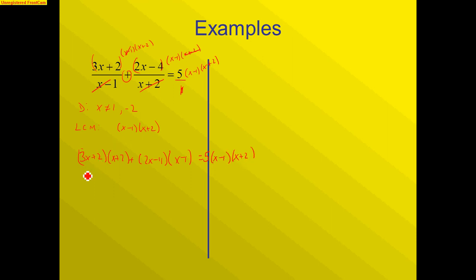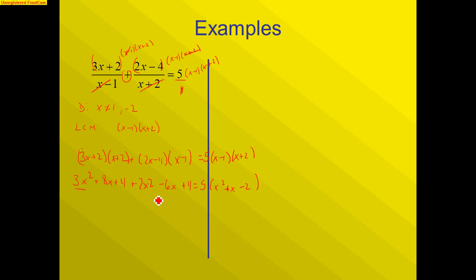So again, your algebra's got to be a little fast here, right? 3x squared, 6x plus 2x is 8x, plus 4, plus 2x squared, minus 2 minus 4 is minus 6x, plus 4 is equal to 5 times x squared plus x minus 2.